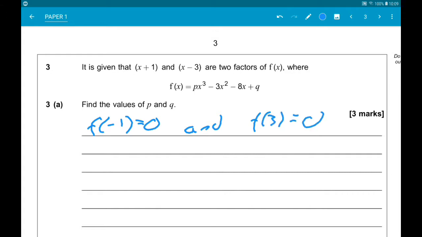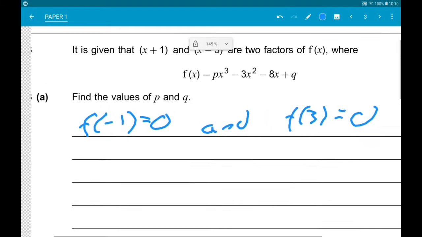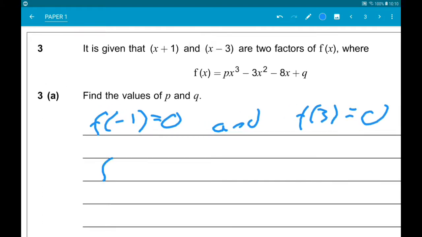Okay, so what we're going to do is find each of these, get two equations in terms of p and q, and then solve simultaneously. So f of minus 1, well, that's going to give us minus p minus 3 add 8 add q is equal to 0.